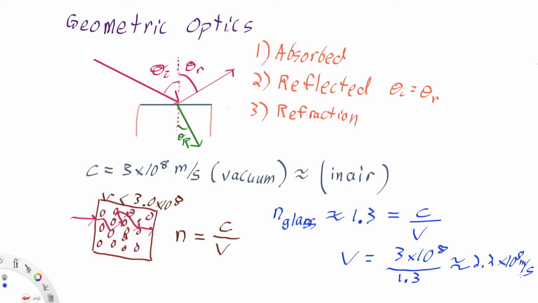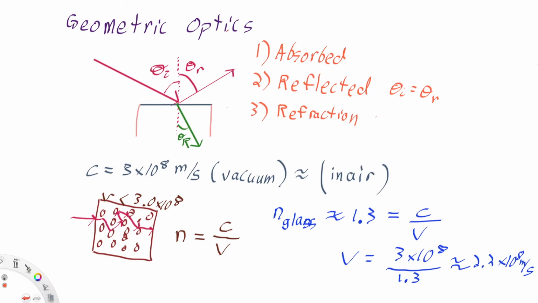So I'm not going to get into the whys of my next statement too heavily. But it turns out there is a relatively simple relationship between the angle of incidence and angle of refraction as light goes through a material, and it depends on the index of refraction of the two materials.